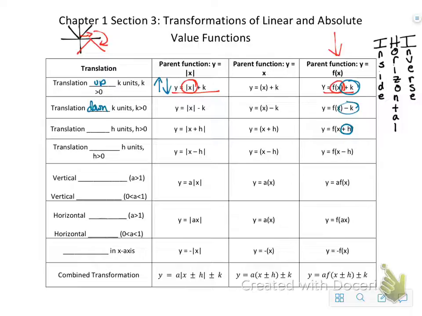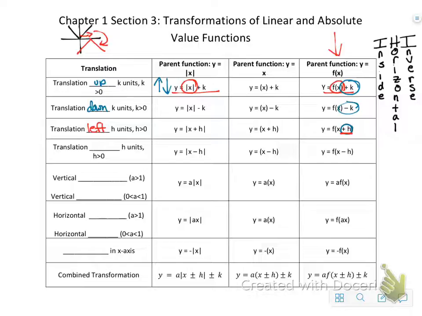Since this is a plus h right here, we should be going to the left, the inverse of what you think it should be going. And it's horizontal, so our options are either left or right. So we're going to move left because it's inside and it's horizontal, but we do the inverse.